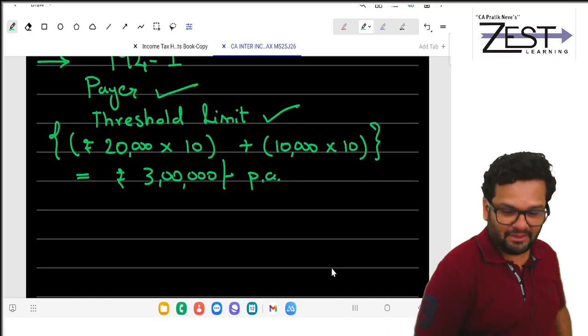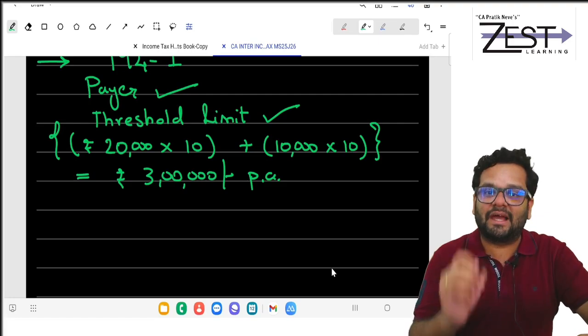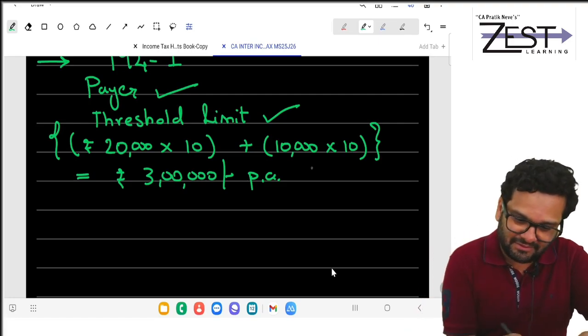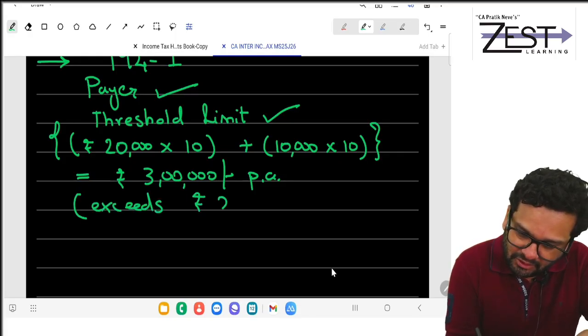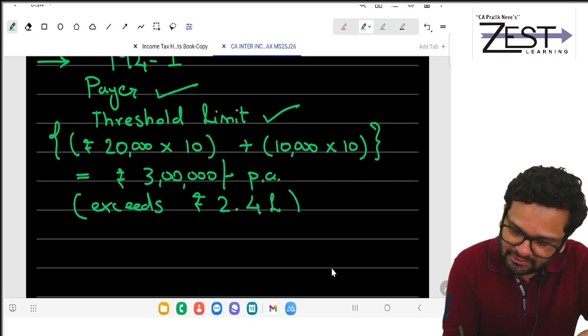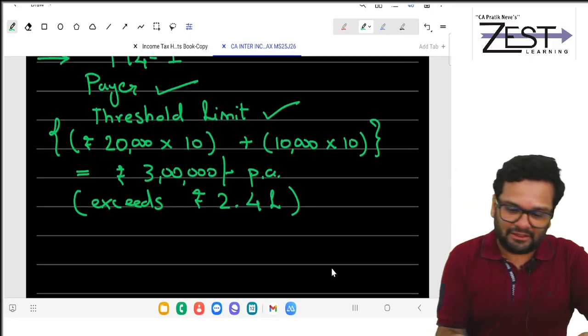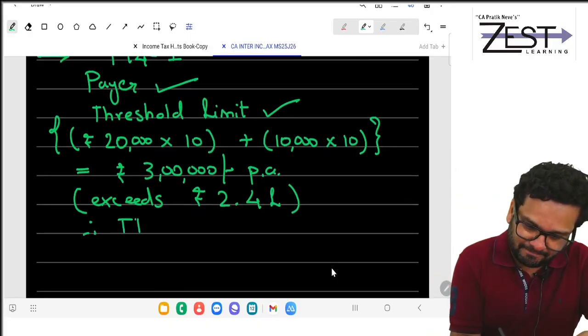So what will happen now? 3 lakhs means it exceeds rupees 2.4 lakh. Therefore, apply TDS.